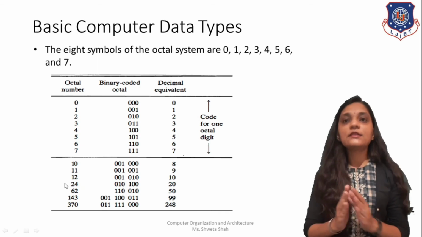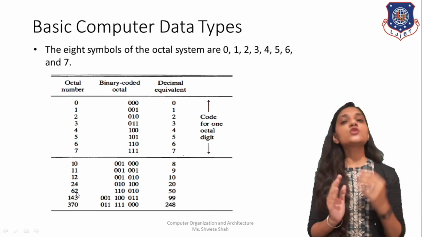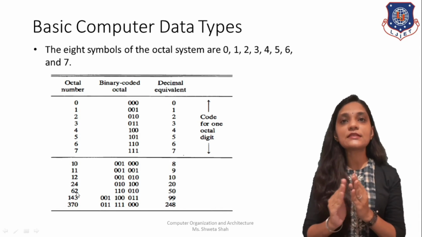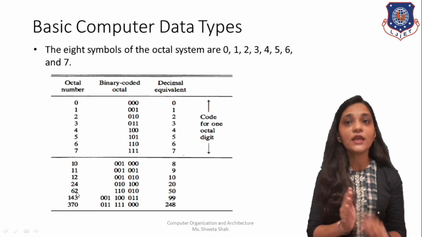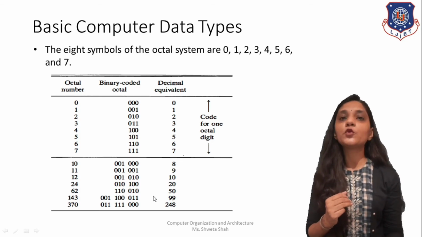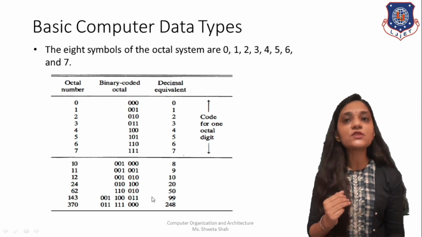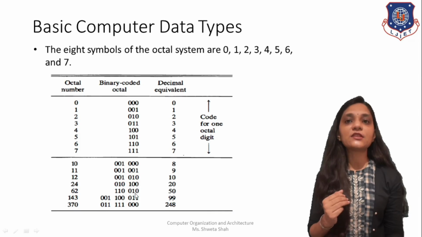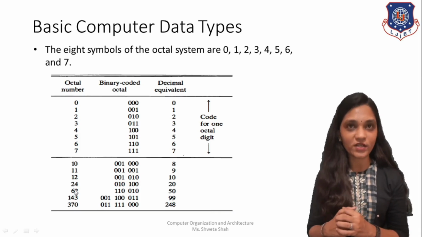Let me consider the string 62. For this string, you have to consider 6 as one octal number and 2 as a different octal number. For 6 we have the binary pattern 110, and for 2 we have the binary pattern 010. So by using this 6-bit representation, you can represent this 62 quantity, and so on.